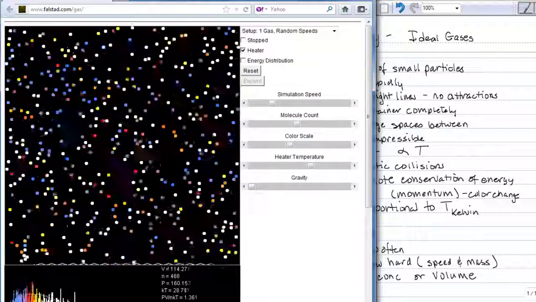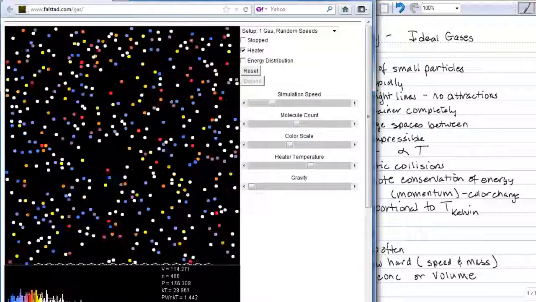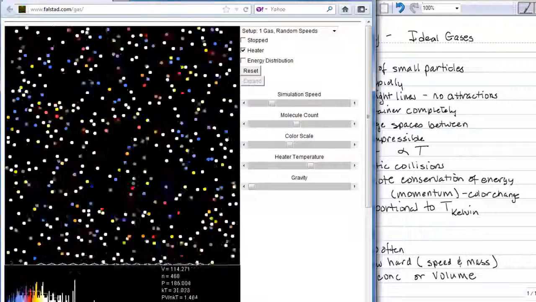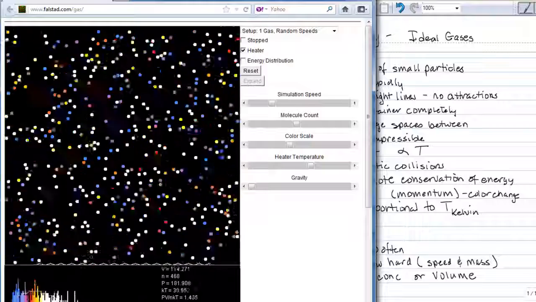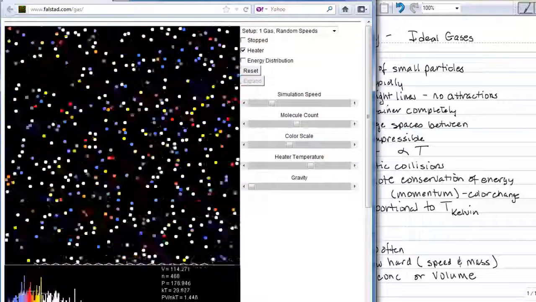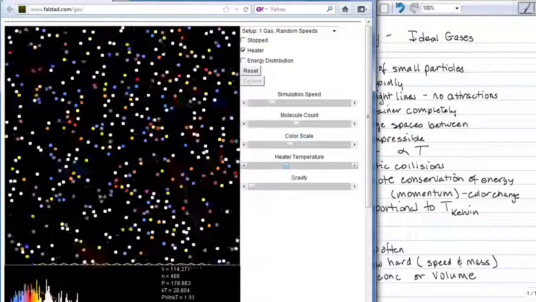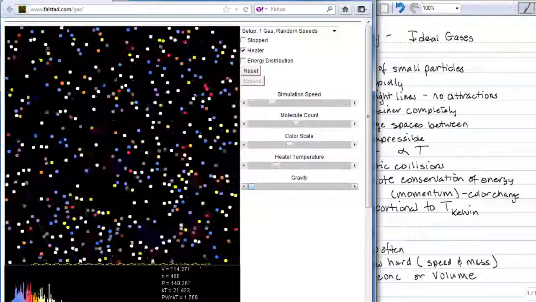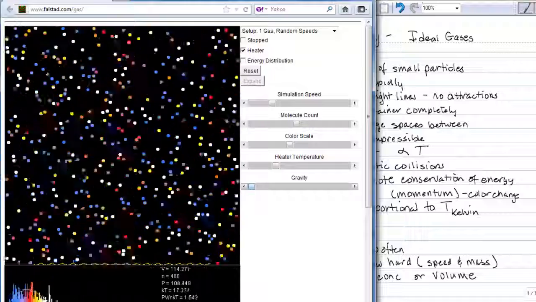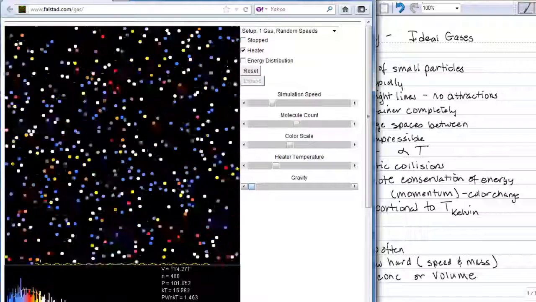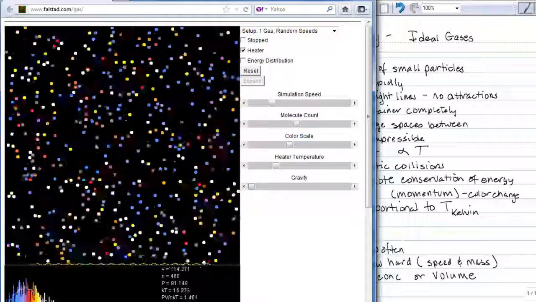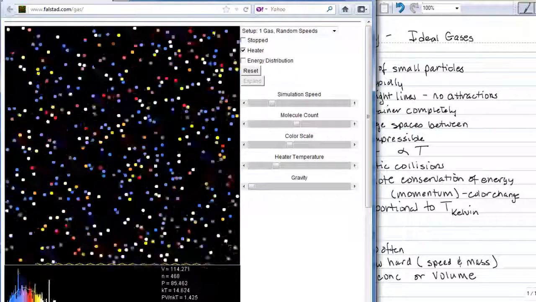And by the way, when you're looking at this picture, don't look at it as a flat screen. Consider that you are looking into a bottle, and you are looking at a three-dimensional group of molecules. So I'll slow it down a little bit and see if we can limit the number of white ones. And you will see that the speed plot looks a little bit like a trailing bell curve.